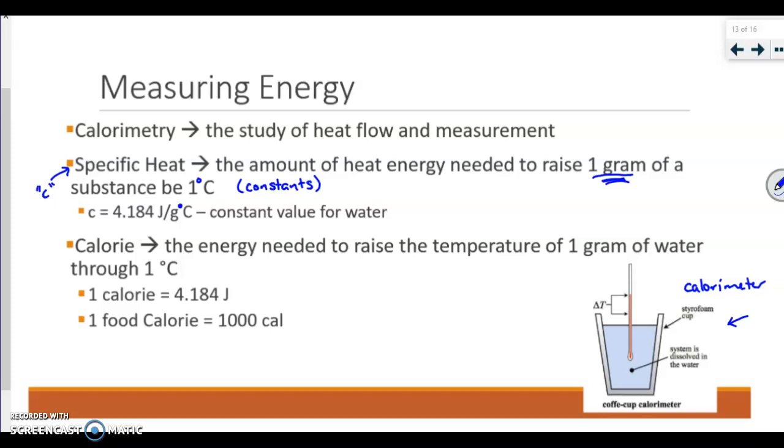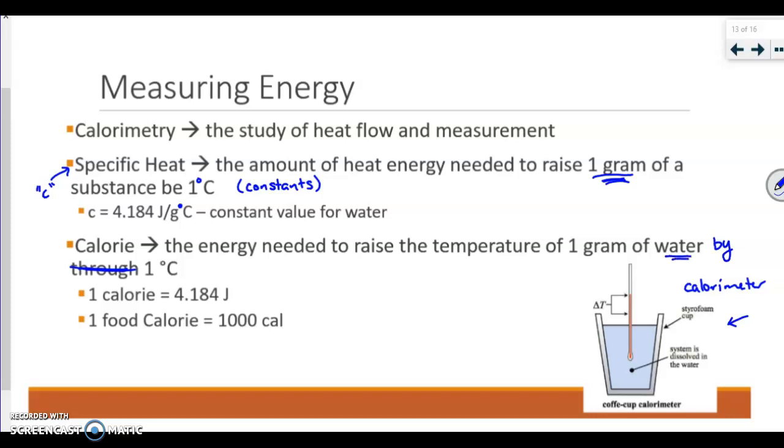We also have something called a calorie. A calorie is the energy needed to raise the temperature of 1 gram of water 1 degree Celsius. Not sure why this says through. It should really say by 1 degree Celsius. Notice that it's pretty much the exact same definition as specific heat, which is cool, except that it's water specific.